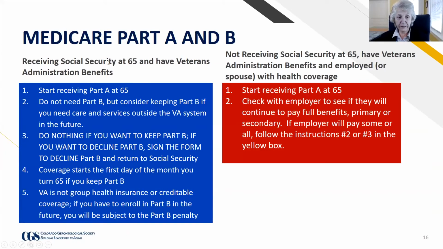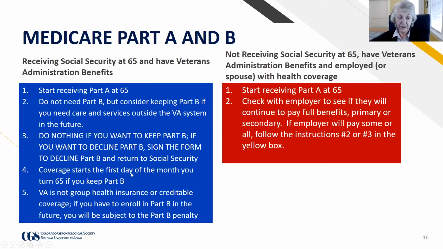If you are currently receiving Social Security at 65 and you have VA benefits, you will be in the bright blue box. You do not need to keep Medicare Part B. You will start receiving A at 65, but you should consider keeping it, because if you do nothing and decline B, then you can sign the form, sign the card, send it back to Social Security, and you'll only have Part A. Your A coverage will start the first day of the month.